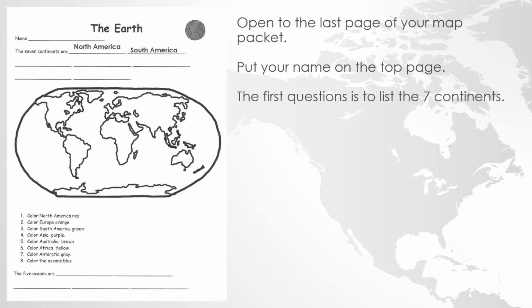Then we're going to go across the Atlantic Ocean and visit Europe. And next to Europe is Asia, the largest continent. We have below that Australia, the smallest continent.